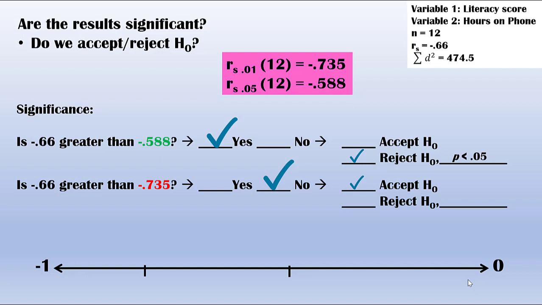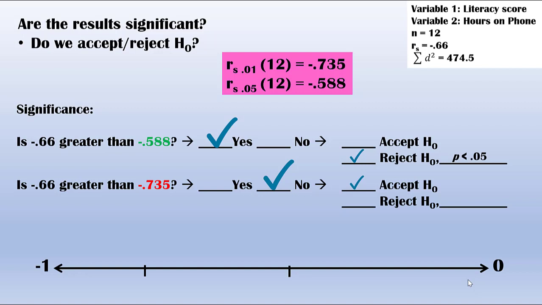Another way that you can do this is to plot your critical values and your Spearman value on a number line. I've created a number line down at the bottom. We've got 0 on the right and -1 on the left, because we are dealing with negative numbers. If it was positive, it would just be the opposite, and it would look just like a regular number line.